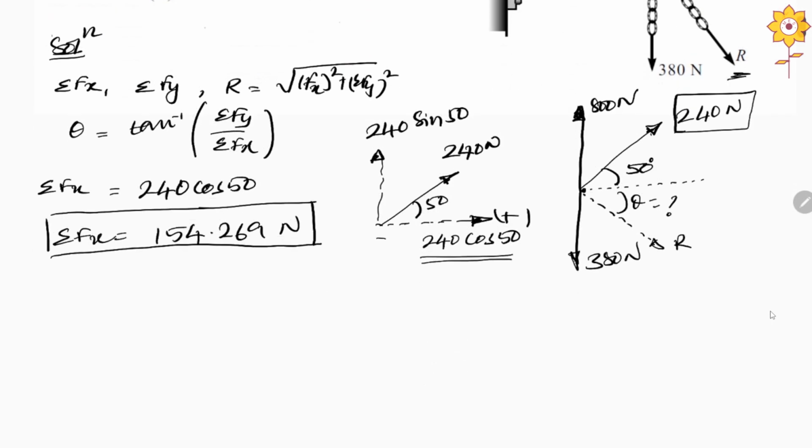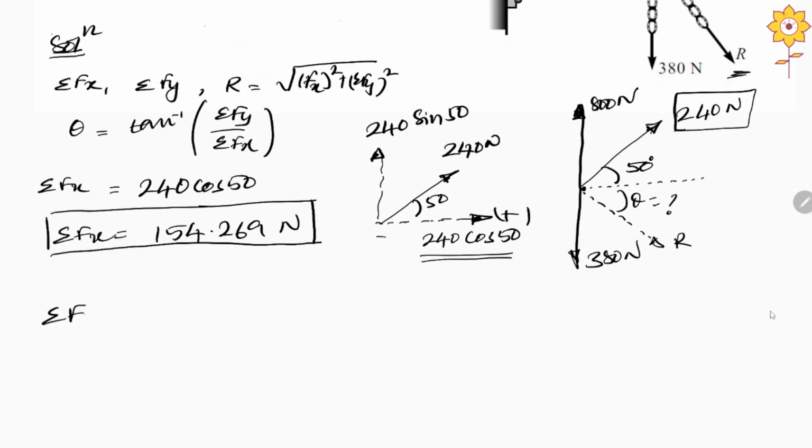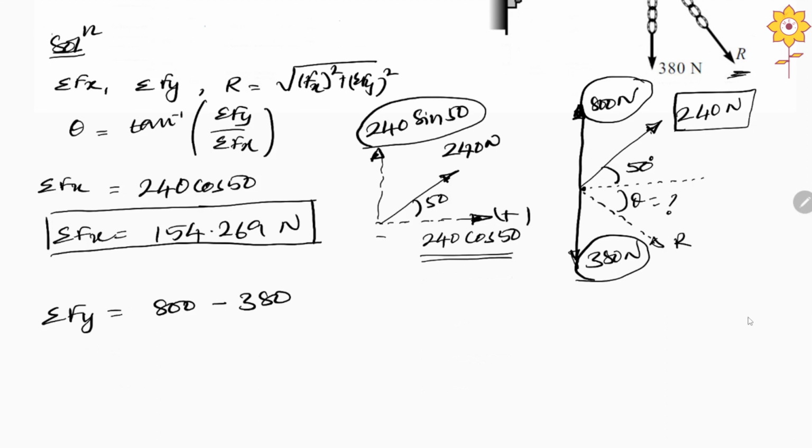So we found one component, and similarly we are going to find summation of Fy, which is nothing but all the vertical forces. In the diagram you can see we have one vertical force, 800 Newton, acting upward, so it is positive, plus 800. We have one more force, 380, acting downward, that is minus 380 Newton, and the inclined force gives positive 240 sin 50.